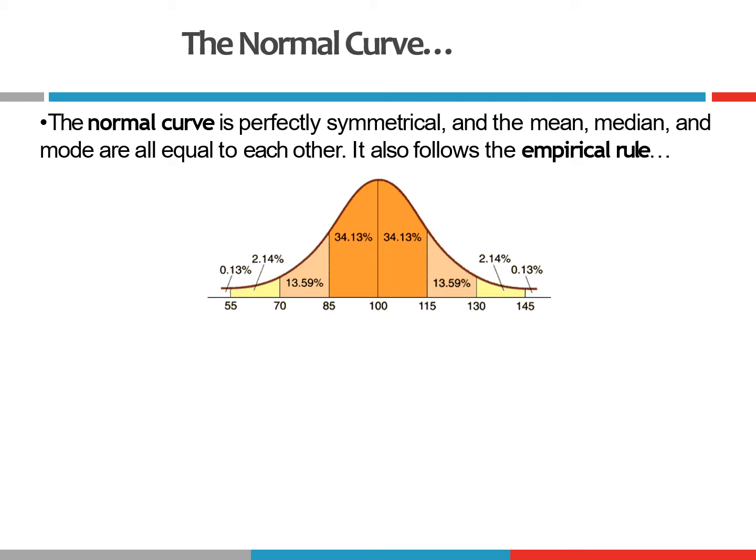So like I said, in the dark orange there, that accounts for 68% of the scores that fall within one standard deviation. The sort of tan color there is going to account for the 95% of scores that fall within two standard deviations.